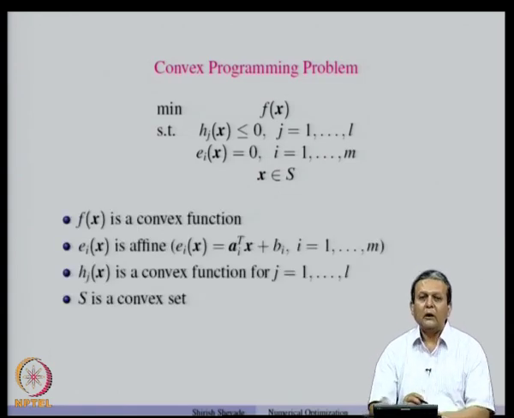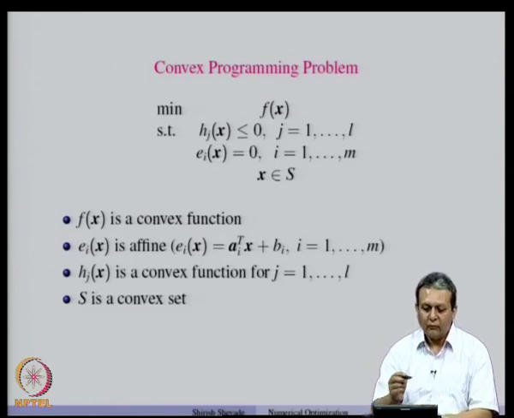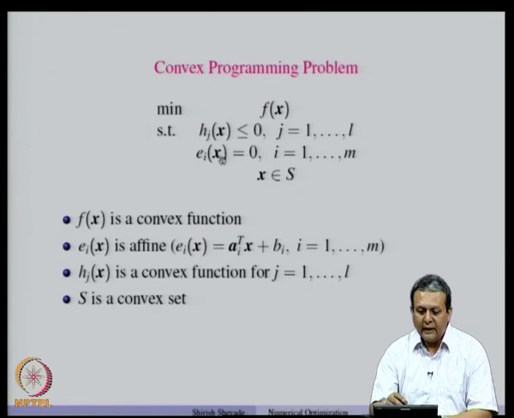So, the objective function f(x) is a convex function. So, the objective function that we want to minimize is a convex function. The e_i(x) equal to 0 is an affine constraint. That means, e_i(x) is of the form a_i transpose x plus b_i for all i's going from 1 to m.